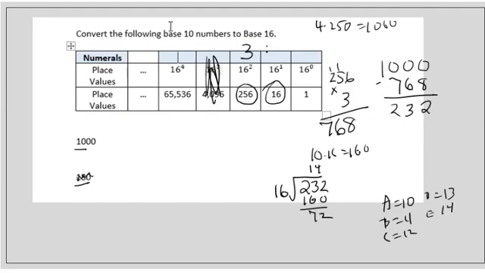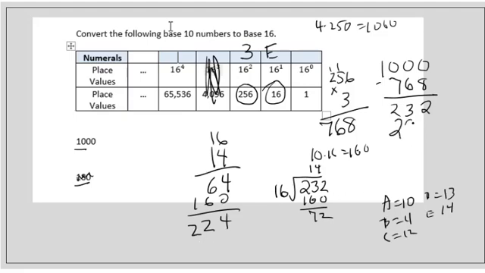So this is an E. And 14 times 16, I'll come over here and do it, is 224, which gives me 8 left over. So 8 now can go right here. So 1,000 in base 16 is 3E8, base 16.